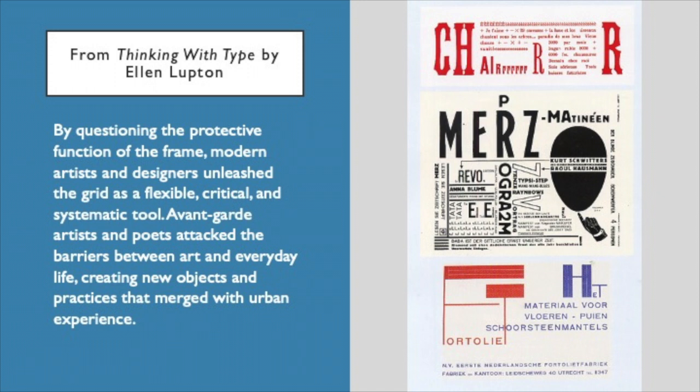But what people tried to do around the 1900s, turning into the 20th century, when things were becoming more industrial, was make it really apparent that we are stuck in this grid. We are making the structure part of the work rather than trying to hide it.